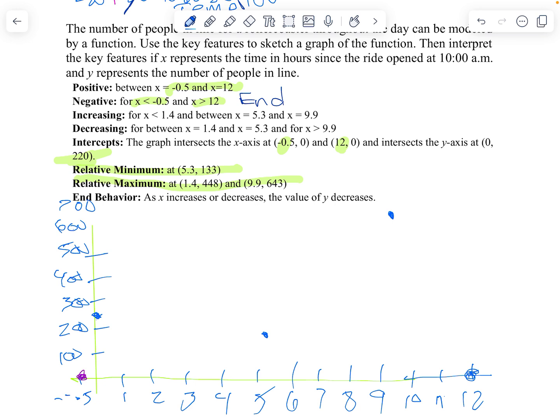It's increasing up to 1.4. Did I have it? Oh, I have a minima at 1.4 and 448. I just realized I didn't graph that. So there's 1.4 and 448.